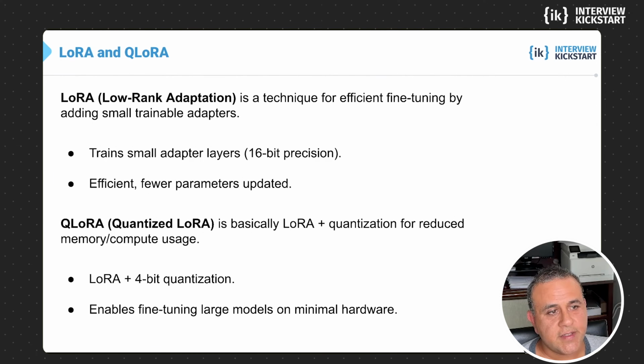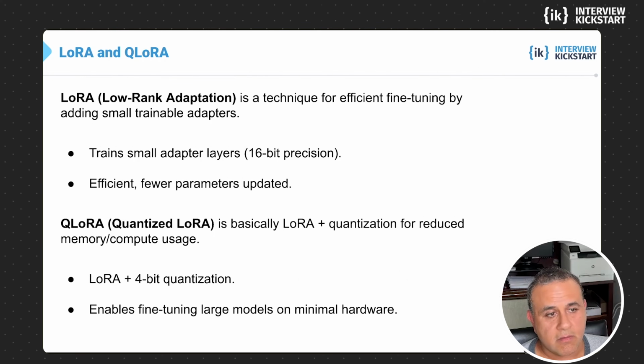A quantized LoRA is basically LoRA where you reduce the precision, going down from 16 bits to 4 bits. So you lose some precision, but you have the ability to run your fine-tuning on commodity hardware.